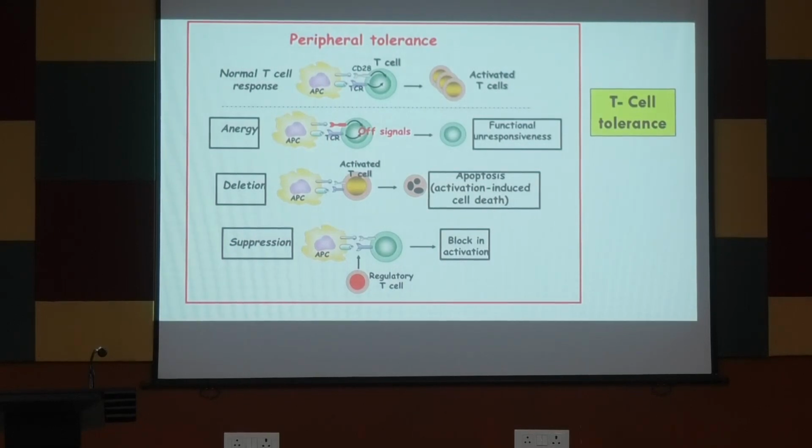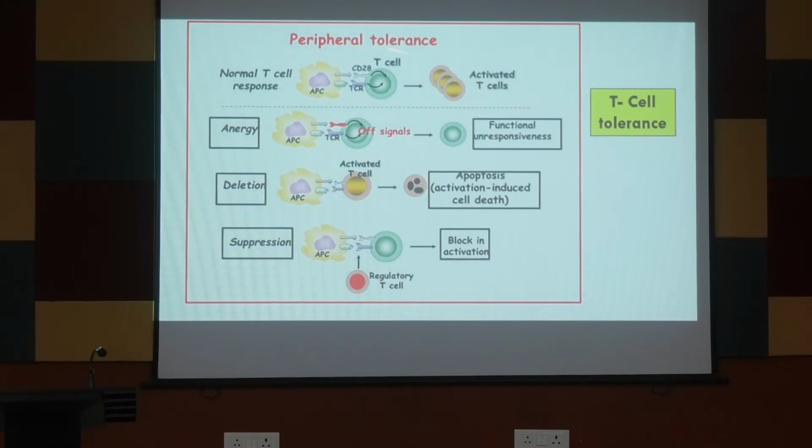When a T cell comes out from development, if it is reactive with a normal response, it is activated. It has two different types of T cell function. But if there is some discrepancy with the self antigen, they undergo anergy when activated. If the apoptotic cell is not completely removed, they undergo deletion.